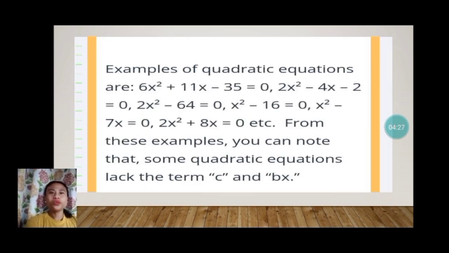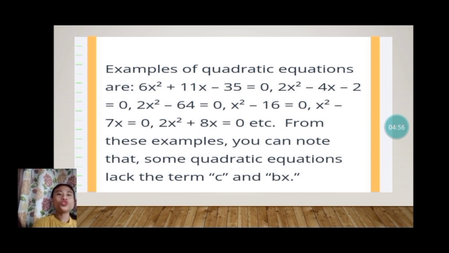Examples of quadratic equations are 6x squared plus 11x minus 35 equals 0, 2x squared minus 4x minus 2 equals 0, 2x squared minus 64 equals 0, x squared minus 16 equals 0, x squared minus 7x equals 0, and 2x squared plus 8x equals 0, and so on.